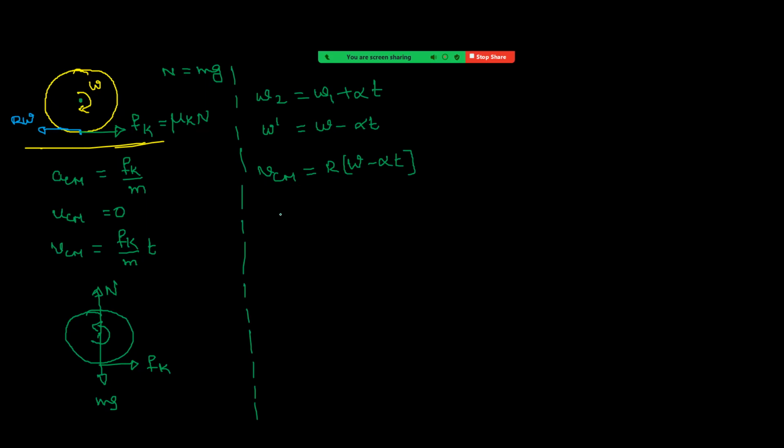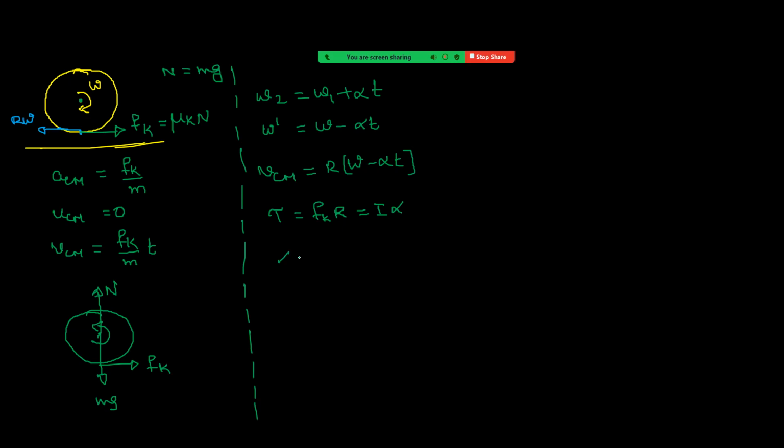Torque equals Fk into R, that is the torque, which is equal to I into alpha. Since it is now a wheel, meaning a disk, the I value about its own axis is mr square by 2.